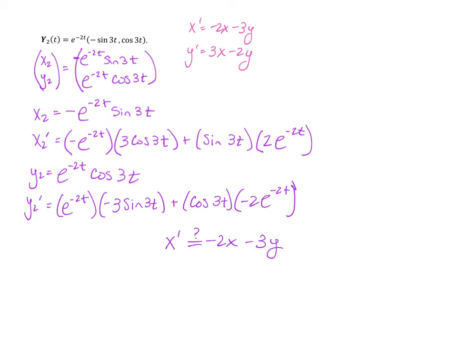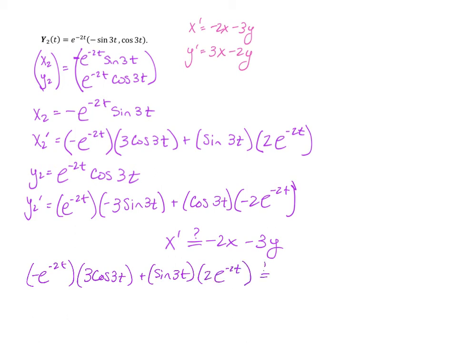All right, so x prime is this up here. So that's negative e to the negative 2t times 3 cosine 3t plus sine 3t times 2e to the negative 2t.